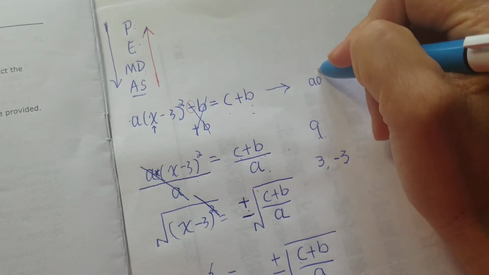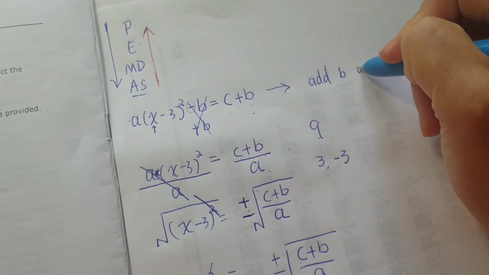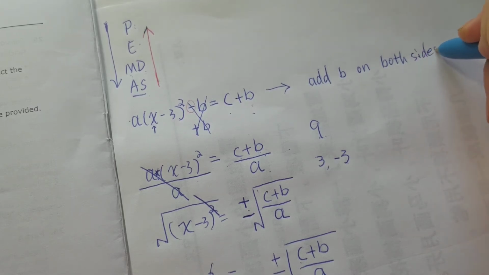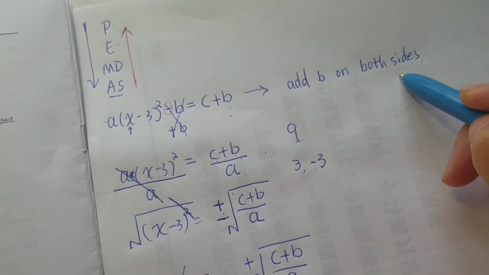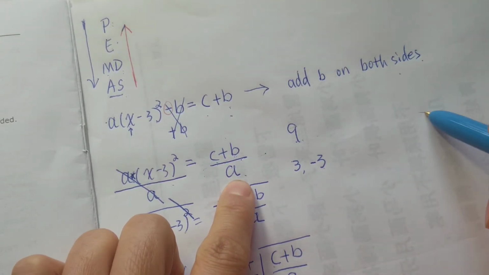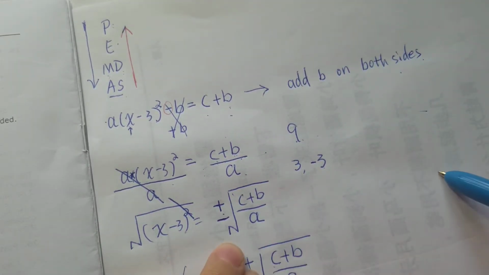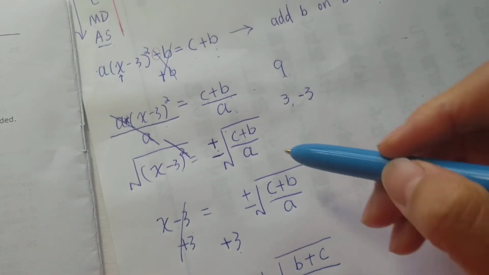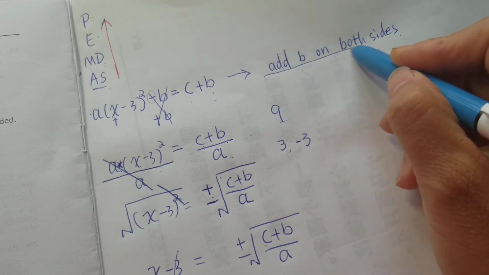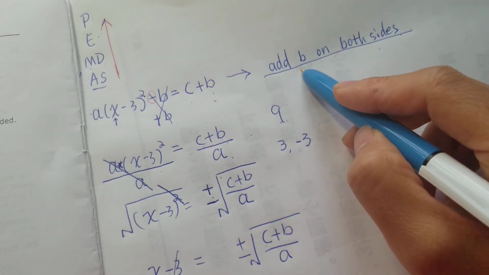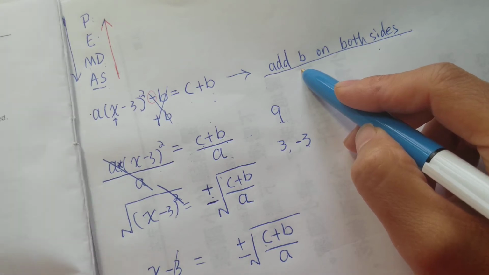When you type, it is: add b on both sides. Okay, this is what you need to type in. And then divide by a on both sides, and take the square root of both sides, and then add 3 to both sides. You have to translate your mathematical work back into words, okay, to explain.